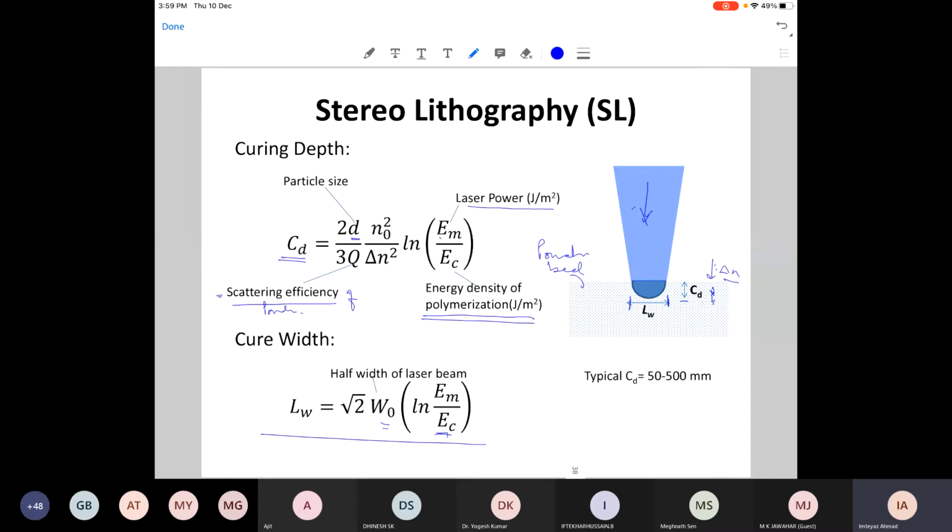We should always keep the layer built up in each scan less than CD so that we can build a stronger green product. Typically, CD is between 50 to 500 microns, half a millimeter. It is possible to go up to that point.